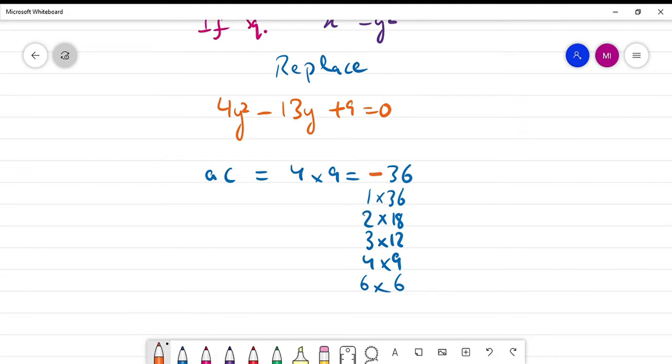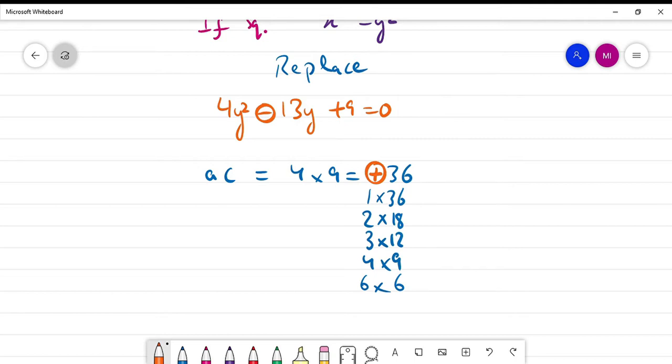So let's look at the signs: the product of A and C, which is positive, and the sign of B, which is negative. So this tells us that both of the factors in the pair must be negative, so that their sum is negative 13 and their product is positive 36.